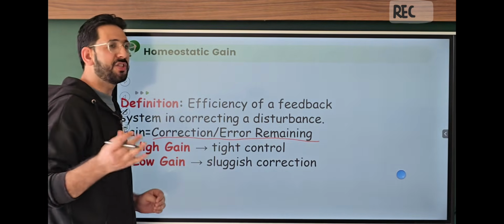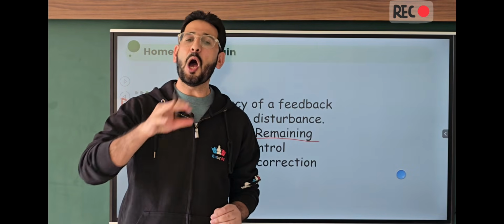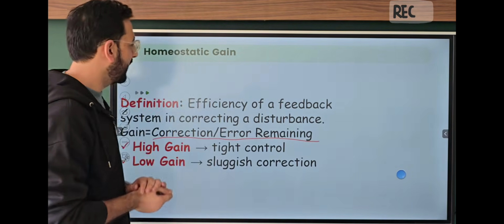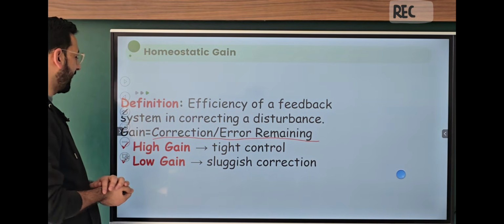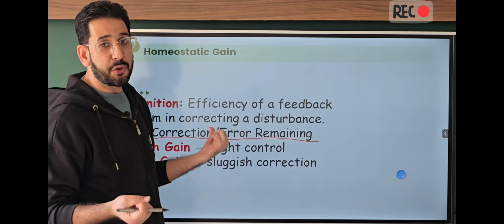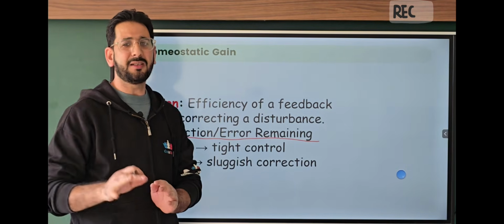For example, there is any change, how much it is corrected divided by how much error is remaining, that gives us the gain. That gives us the efficiency of the feedback system. If there is high gain, that means there is tight control of the homeostasis. If there is low gain, that means there is sluggish correction.